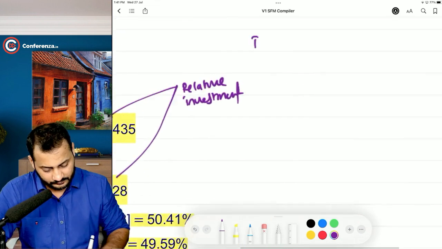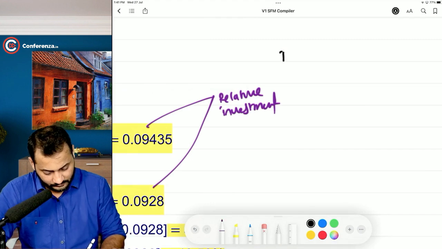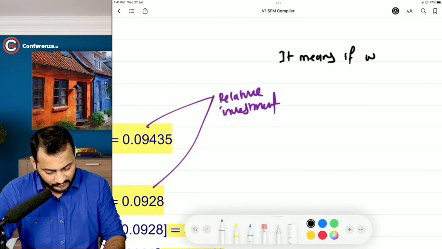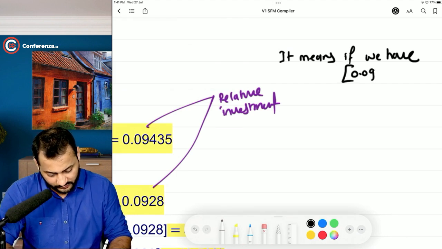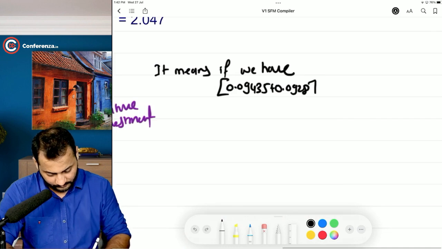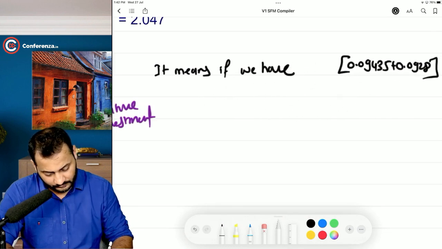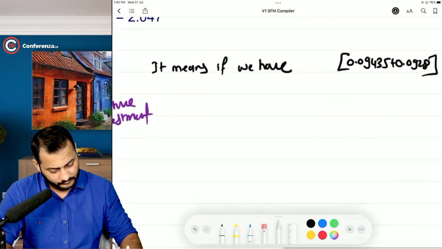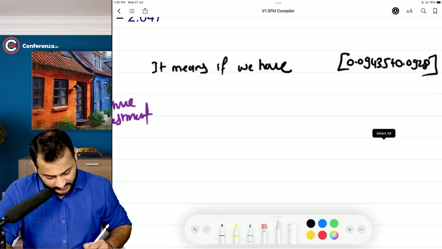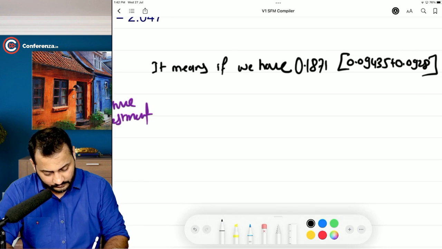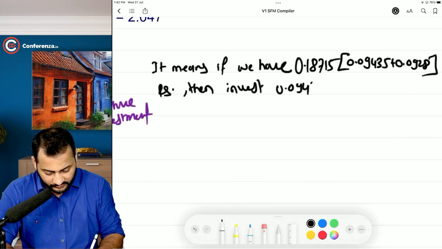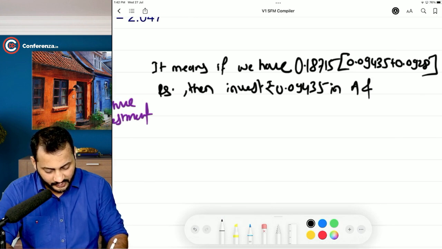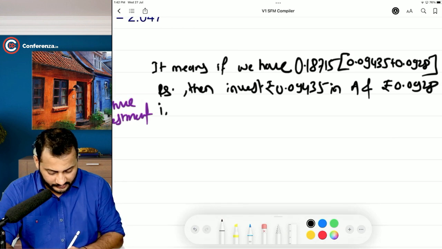It means if we have 0.09435 plus 0.0928, that is 0.18715 rupees, then invest 0.09435 rupees in A and 0.0928 rupees in B.